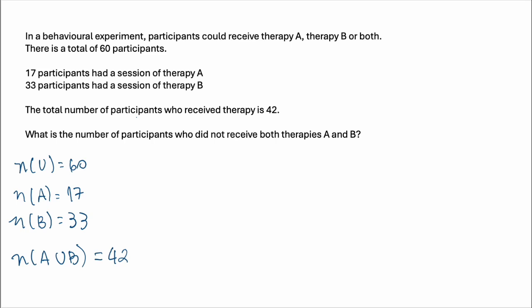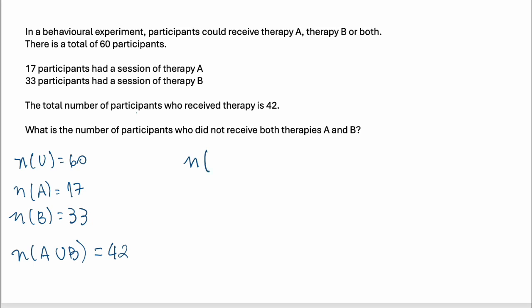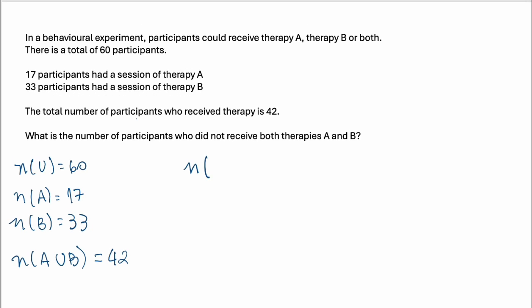So usually the questions are crafted in language, and you have to translate it into mathematical language, right? The number of participants who did not, the "did not" makes my brain go to the complement, did not receive both therapies A and B. To receive both, someone has to be sitting in the intersection, okay?